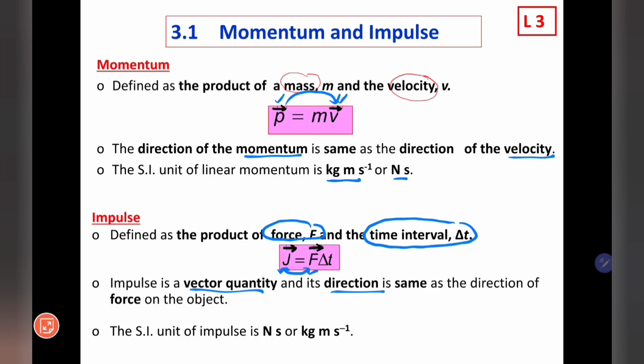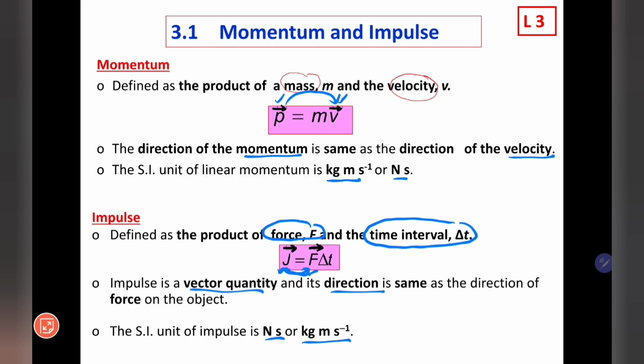For example, when the force is directed to the left, the impulse is also directed to the left. The SI unit for impulse is Newton second or kilogram meter per second.